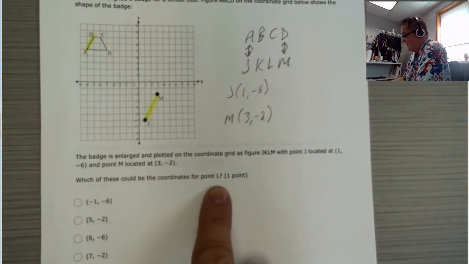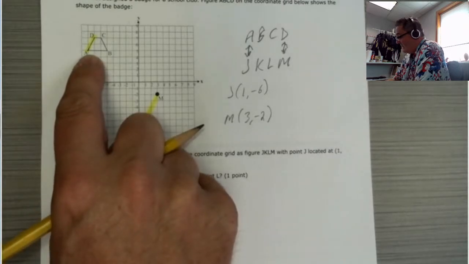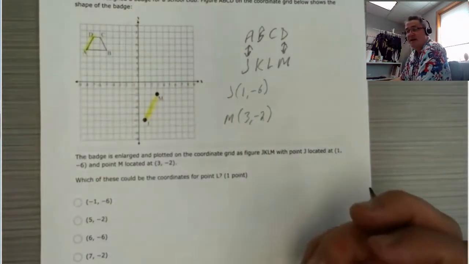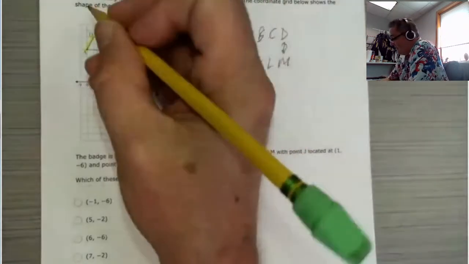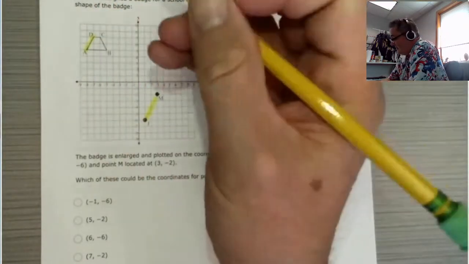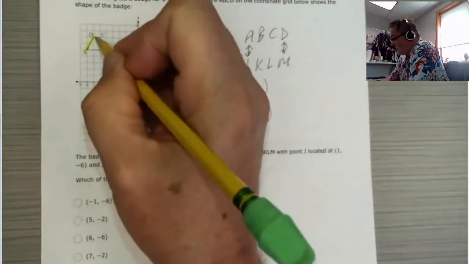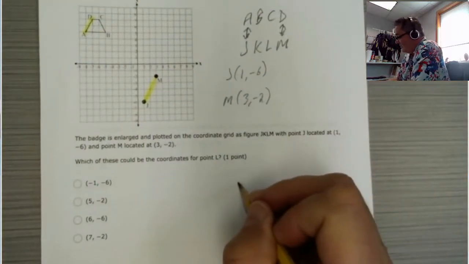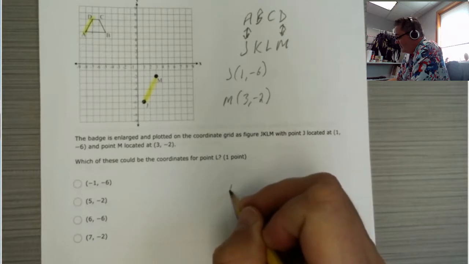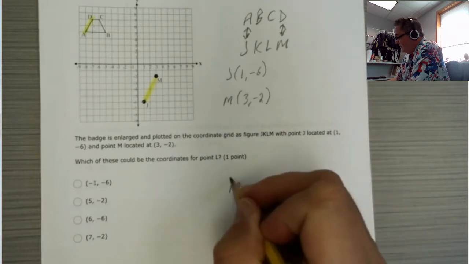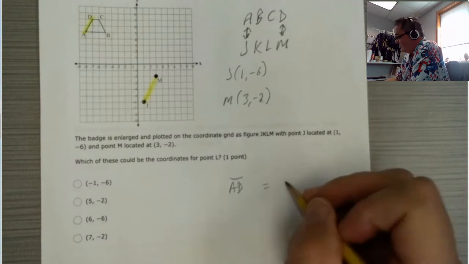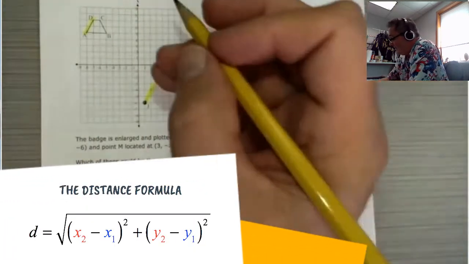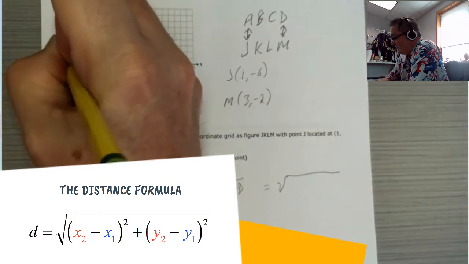Okay, so we have to figure what was the size. How big did the size change? Let's look at that. This went from 2 down, 1 over. The length of AD is equal to, let's use the distance formula, A is -8, 5.